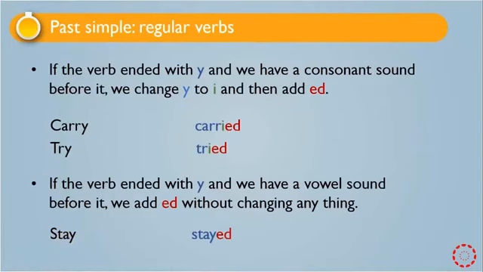We don't need to change the y to i. We only add ed because before the y we have a vowel sound. And play also ended with y and before y we have a vowel sound, we only add ed without changing y. Stay, stayed. Play, played.